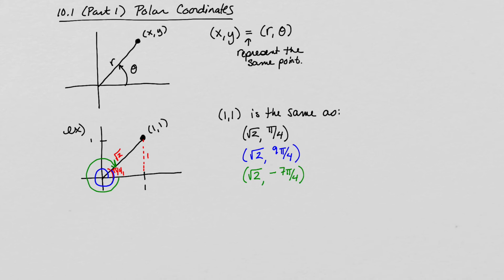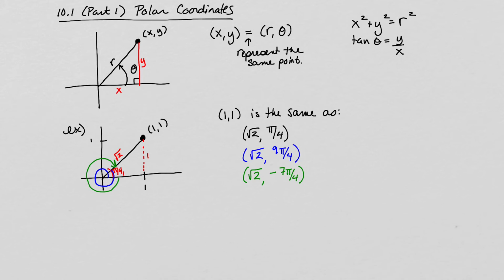If you remember from Math 127, there was a set of equations that helped us figure out what the polar coordinates were. If I draw that red line there to make a triangle on my generic point, remember, this is x and this is y. We have a right triangle here, so we can use x squared plus y squared equals r squared. We also used the fact that the tangent of theta is equal to y over x.